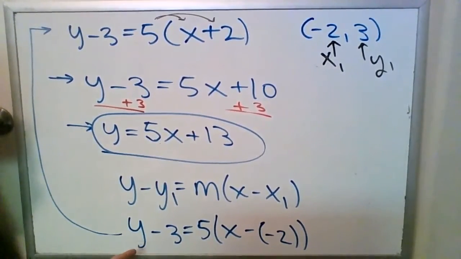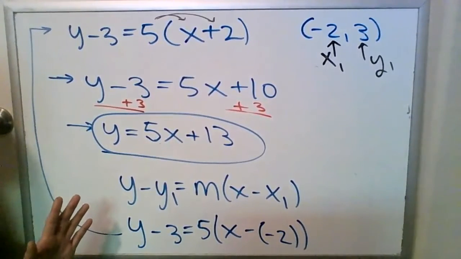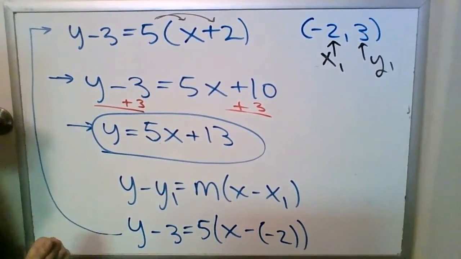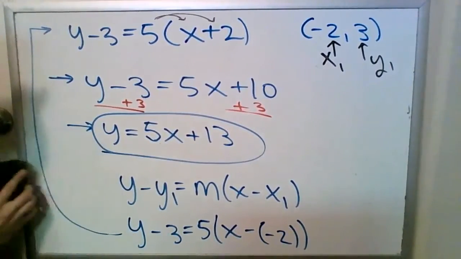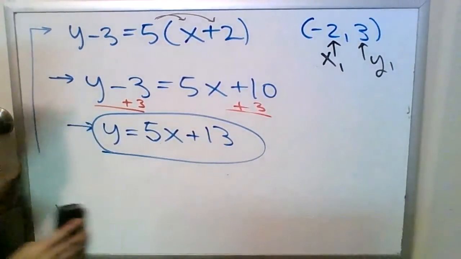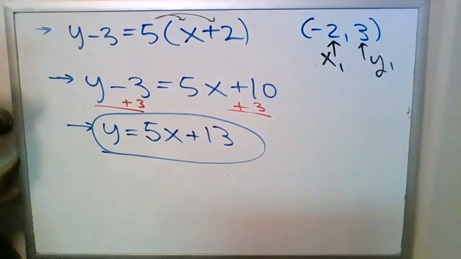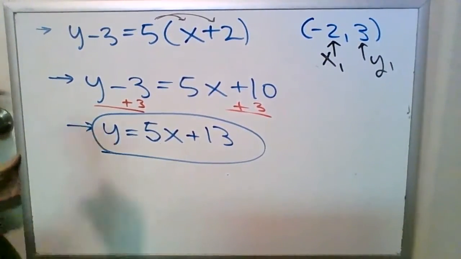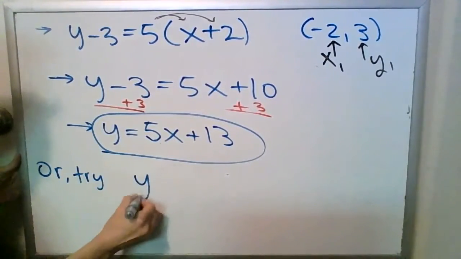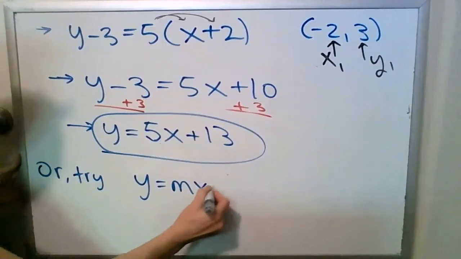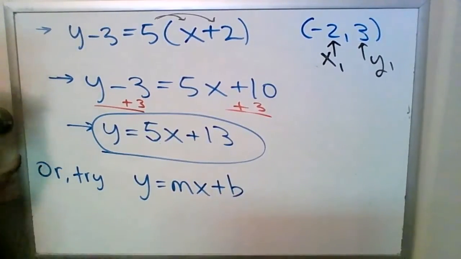I'm going to do this one again, but with the other equation, with the y equals mx plus b equation, and we'll get the same line. Okay, so first, you know what the slope is.